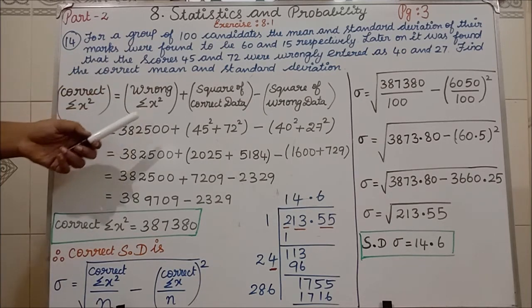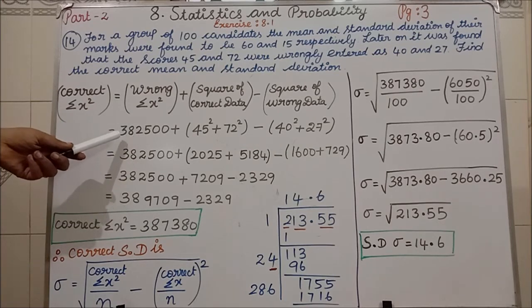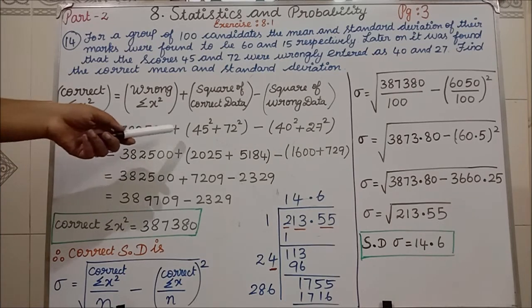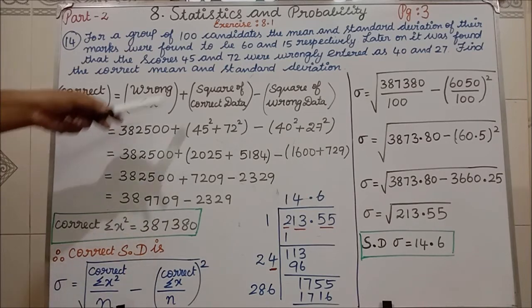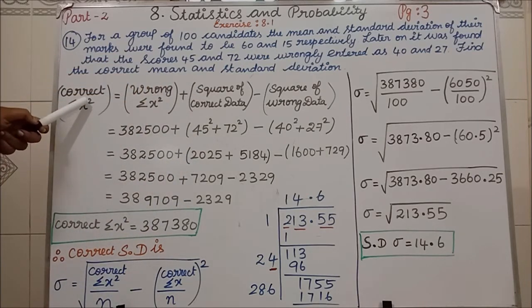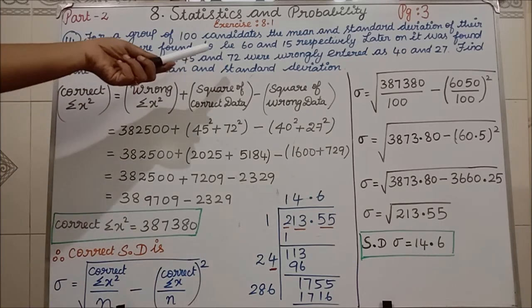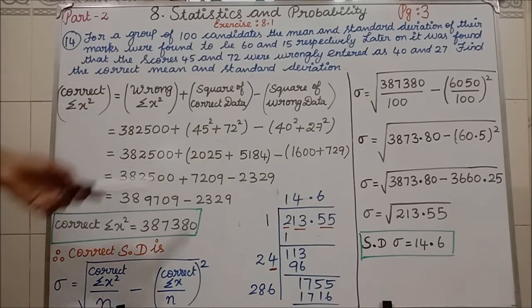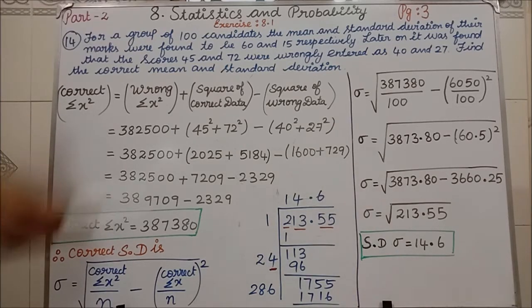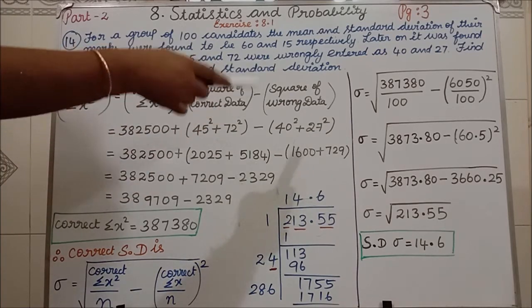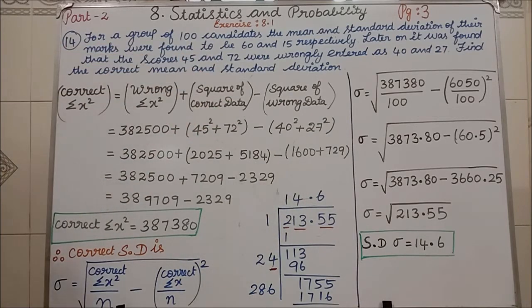Wrong summation x square, what we have got? 3,82,500, plus the square of the correct data values, because here we have squares. What are the correct data values they have given? 45 and 72. So 45 square plus 72 square, minus the square of the wrong data. What is the wrong data? 40 and 27.